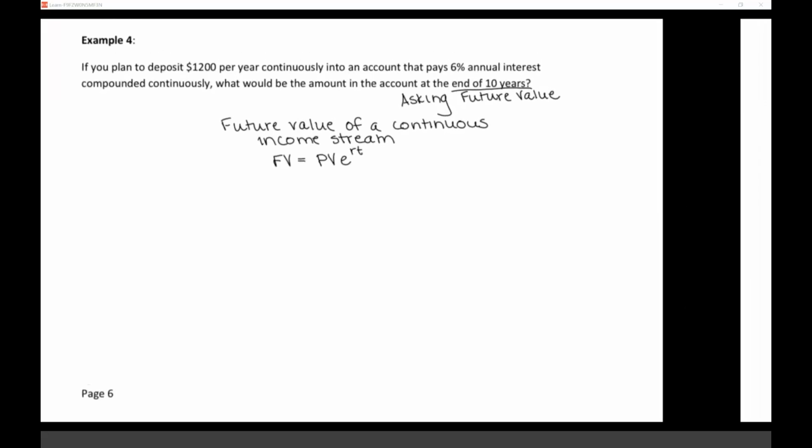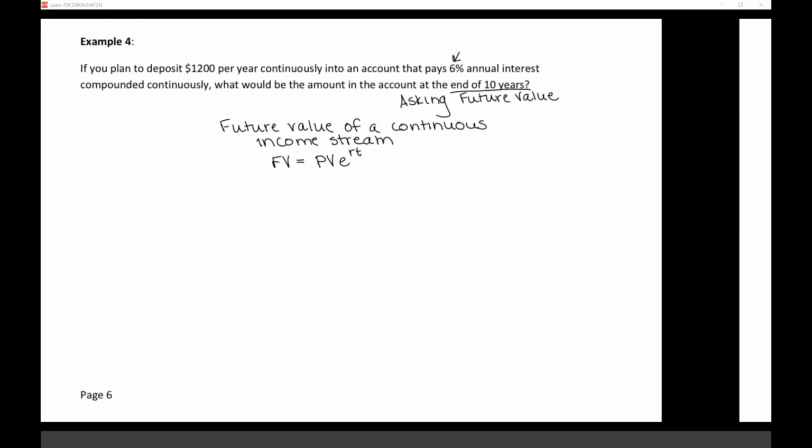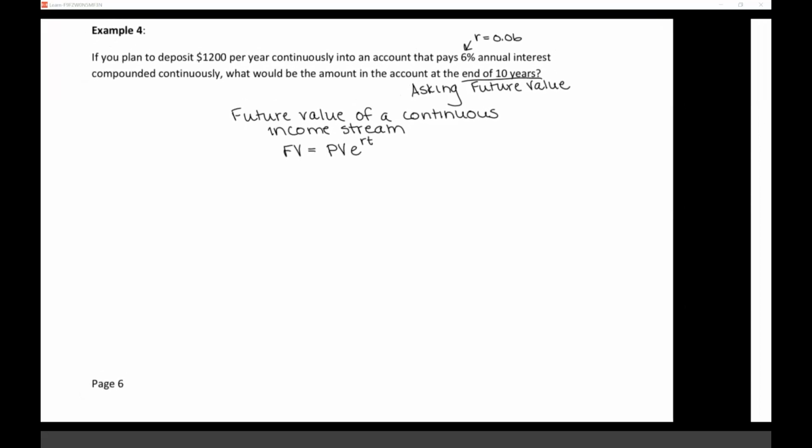I think you can see that you've got an R value here. T here is going to be your variable of integration. What else do you need? What's the other variable in this future value formula?